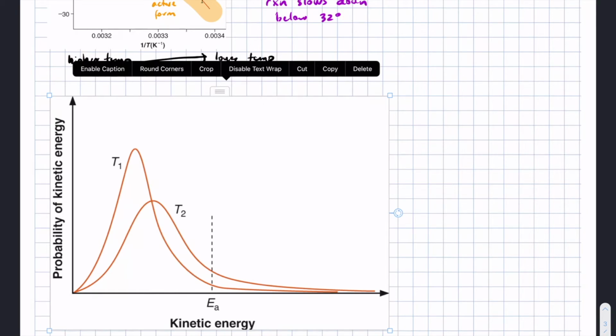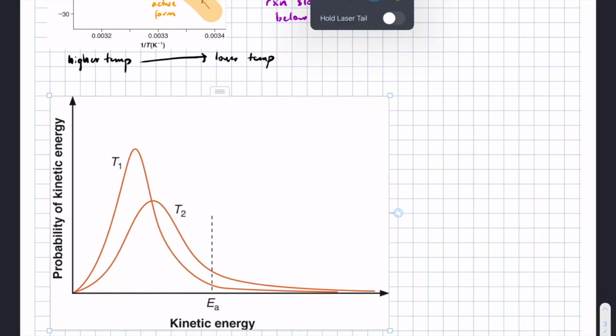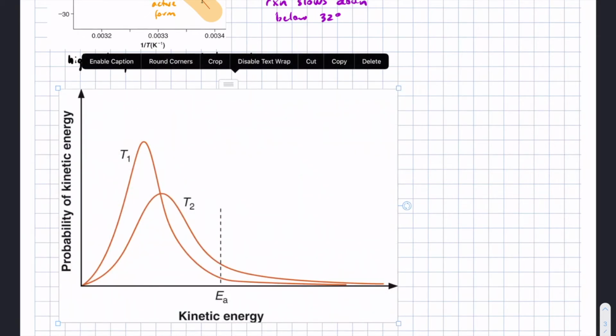On the y-axis, you're seeing the probability distribution of kinetic energy at a certain temperature. Temperature 1 is lower than temperature 2, so as we increase the temperature, we switch the population of molecules from having average kinetic energy in this part of our graph.